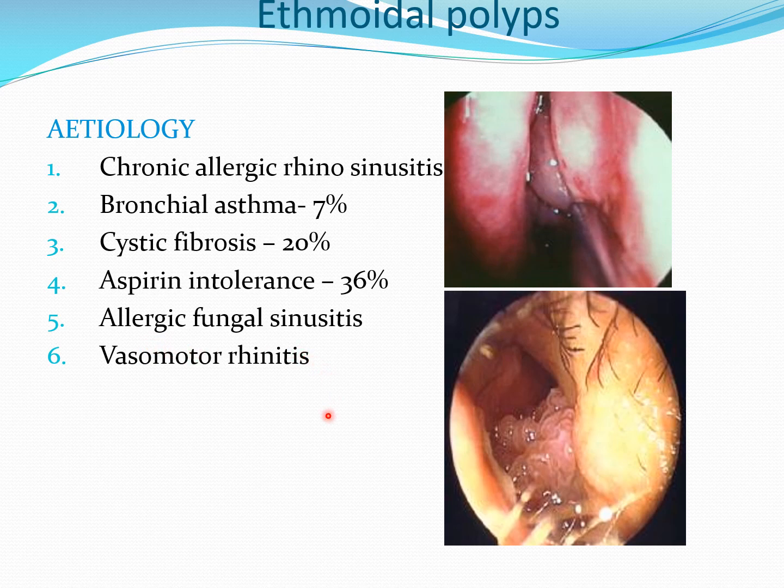Sometimes the patient can be allergic to fungus. So this is seen in allergic fungal sinusitis, with multiple bilateral nasal polyps. Vasomotor condition, that is vasomotor rhinitis, is due to hormonal imbalance, and will lead to inflammation of the nose and paranasal sinuses and lead to ethmoidal polyps.